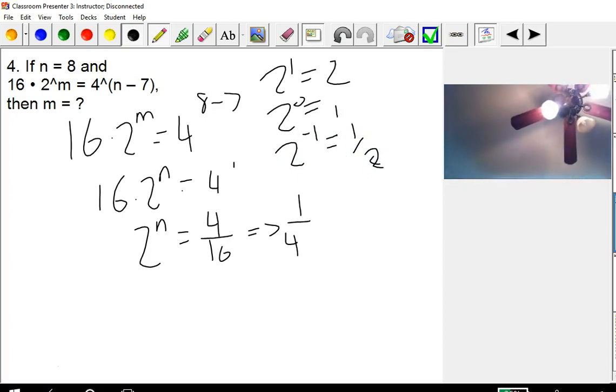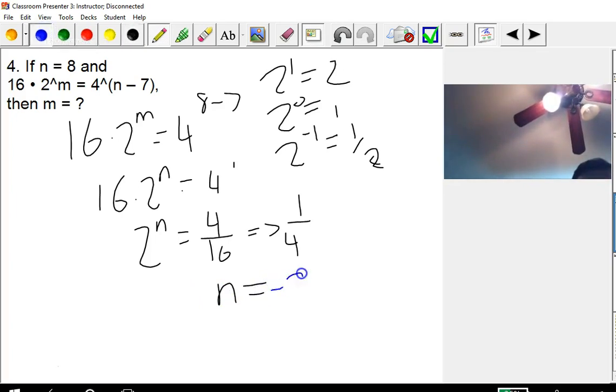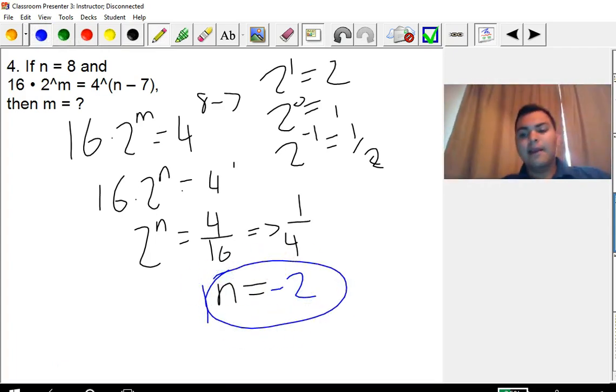So in this case, with that kind of pattern, you can tell that n is going to equal negative 2 here. Negative 2.